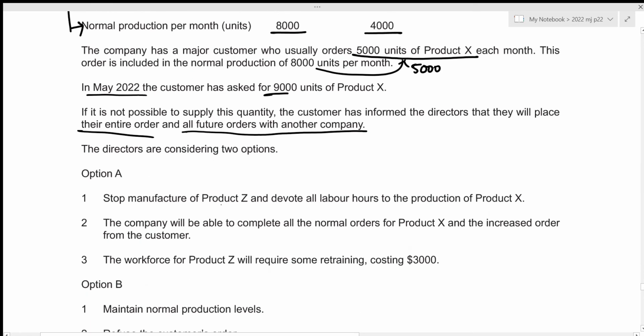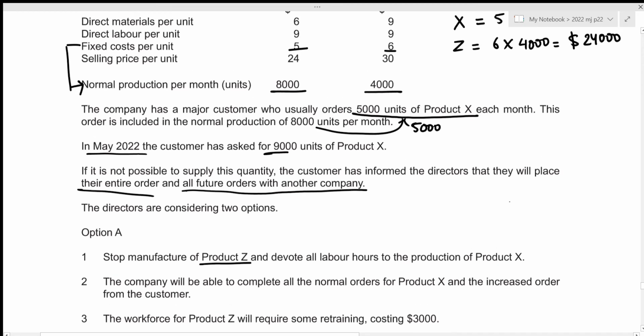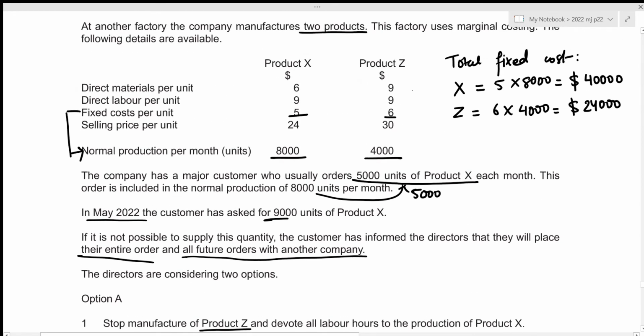Stop manufacture of product Z and devote all labor hours to the production of product X. So if we're talking about option A, we do not have to include the production of product Z, so you can completely overlook all of the costs except for the fixed cost, because the fixed cost will be incurred no matter the production units, right?